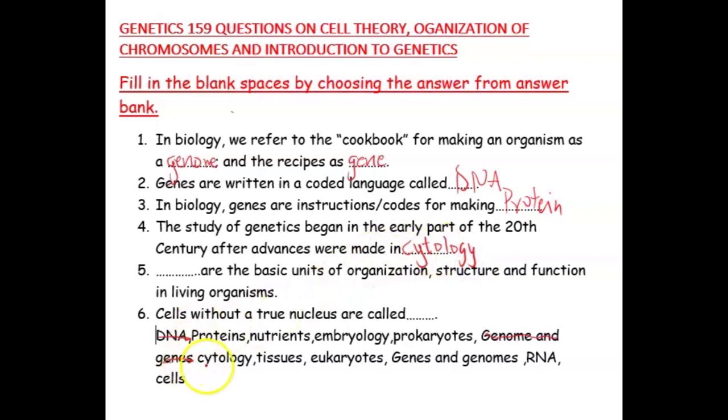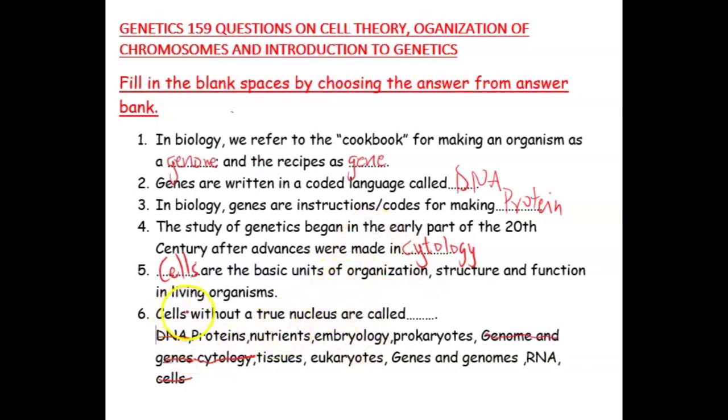You cancel cytology here. Then, dash are the basic units of organization, structure and function in living organisms. The basic unit of organization is called cells. This is a simple one. So cells are the basic unit of organization.